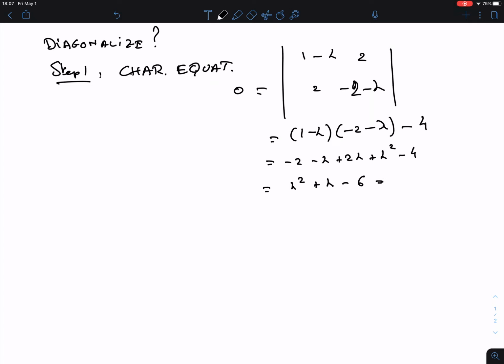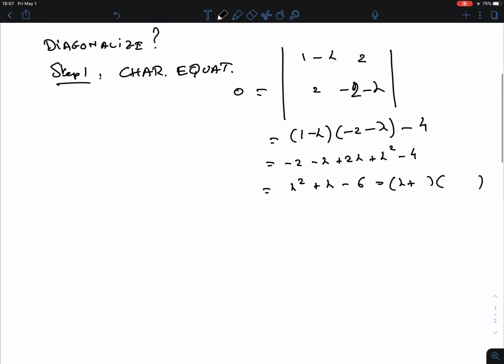It's not always guaranteed, but okay. So we need two numbers that multiply to negative 6 and add up to 1. The bigger one should be a positive number, so I'm thinking lambda plus 3 and lambda minus 2. So this tells me lambda is negative 3 and lambda is 2. Okay, step 2, let's do the eigenspaces. The eigenspace for lambda is 2. Let's do that first.